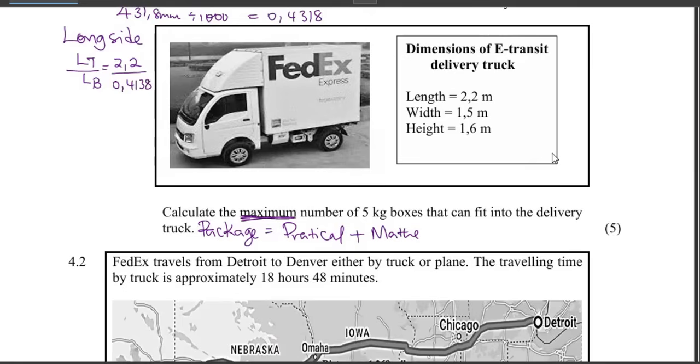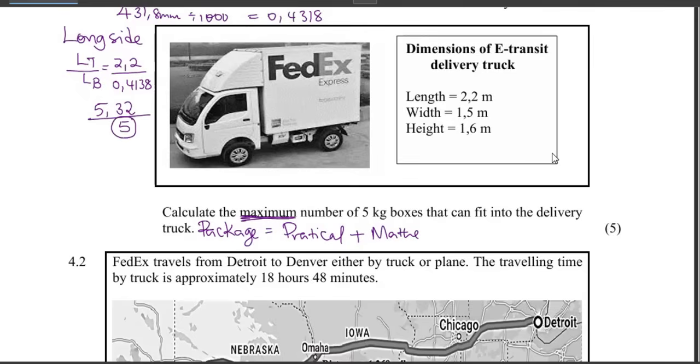They have to be in the same units, meters. So here you end up having the answer as 5,32. But then these are boxes. We round down whenever we are looking at packaging. So now on the long side, we shall only need 5 boxes.